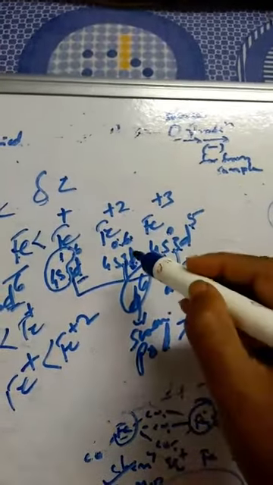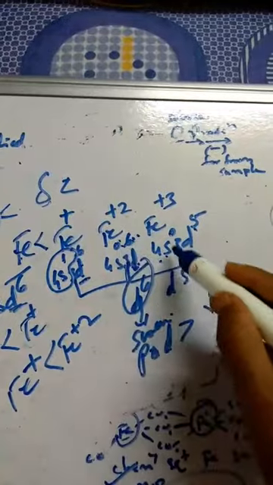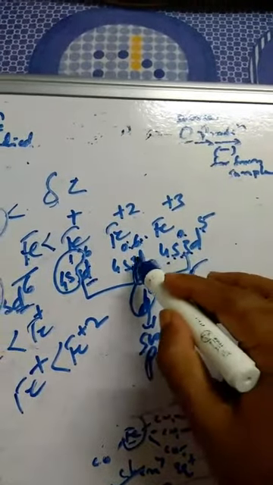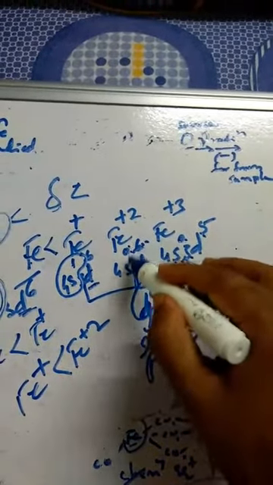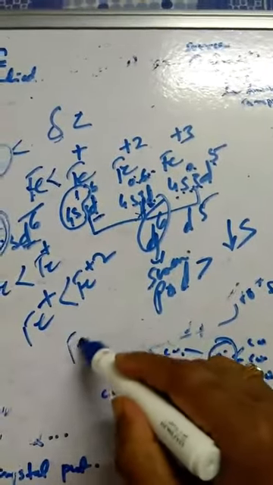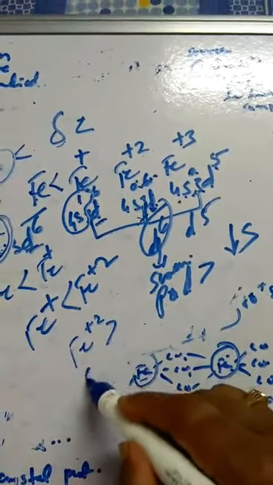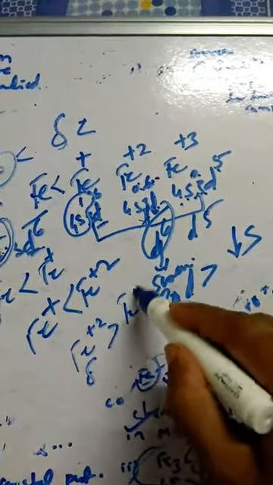The p and d orbitals definitely have more screening effect, and that will decrease the density of electrons in the s orbital. Since 4s0 is there in both, but due to more d electrons, this will decrease the intensity of the 4s orbital. So that's why the isomer shift of Fe+2 will be greater than Fe+3.